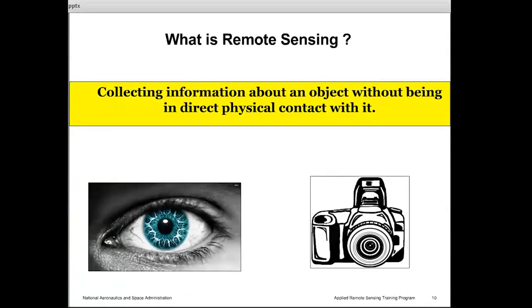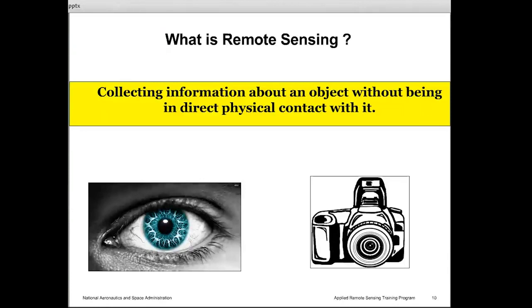So the first question that comes to our mind is, what is remote sensing? Remote sensing is the science of obtaining information about an object or an area from a distance. One of the simplest examples of a remote sensing sensor is our eye, which is actually a natural remote sensing sensor that can obtain information about an object from a distance.